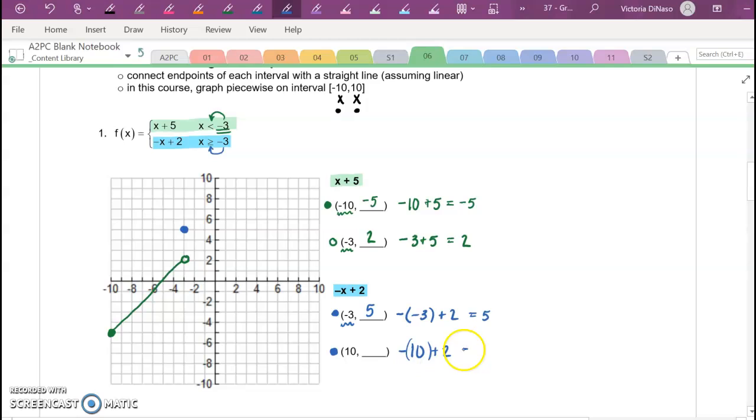If you want to put parentheses, you can. And we get -8. So we have 10 comma -8, and we're going to go ahead and put a closed circle. All we have to do is connect, and this is the graph for number 1. So this is my piecewise function. It's split up into 2 different lines separated by those inequalities, and that's it.